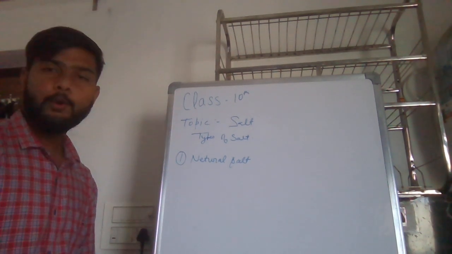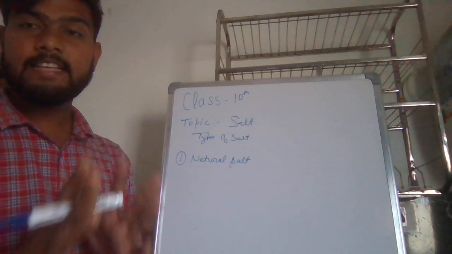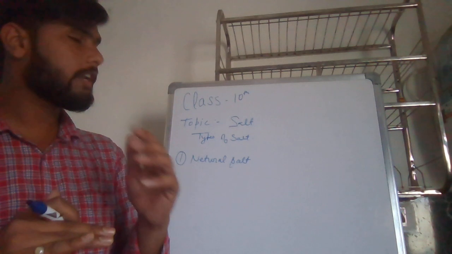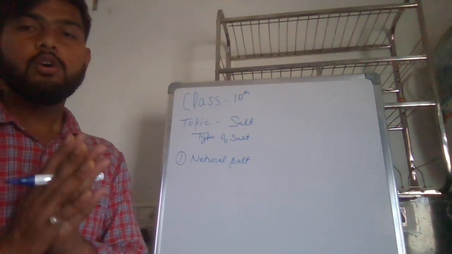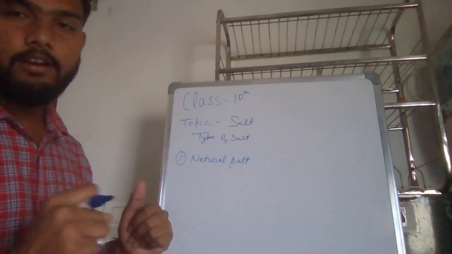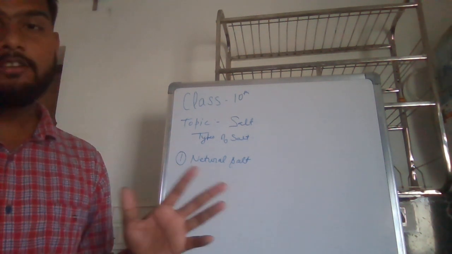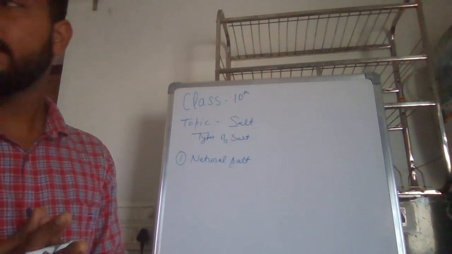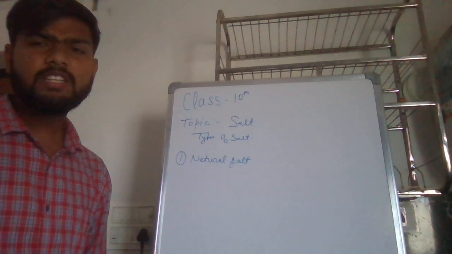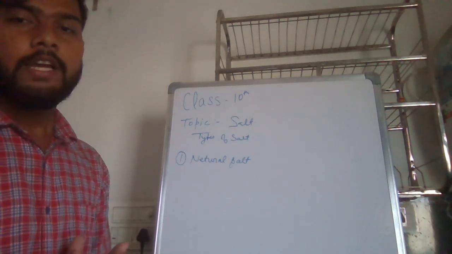Here we will come to know about natural salt: salt produced because of the reaction between a strong acid and a strong base is natural in nature. The pH value of such salt is equal to 7. For example, sodium chloride, sodium sulfate, potassium chloride all have the same pH value of 7.